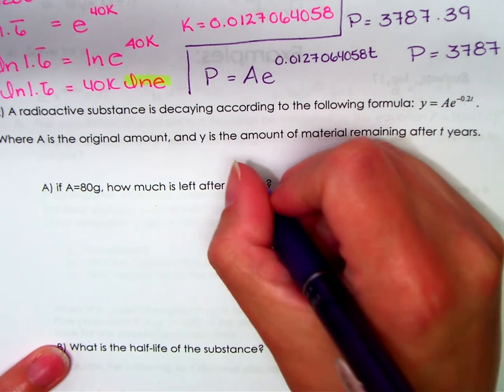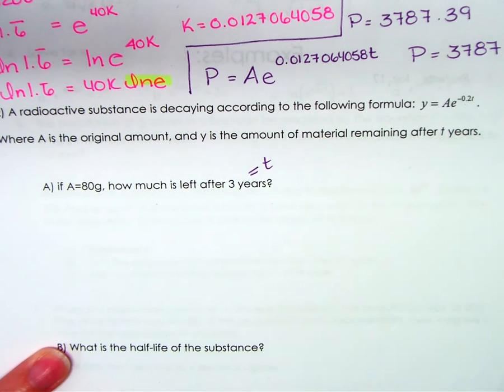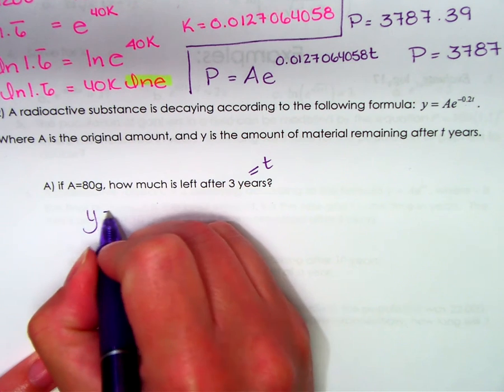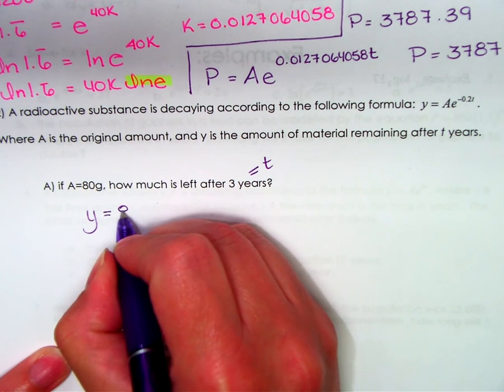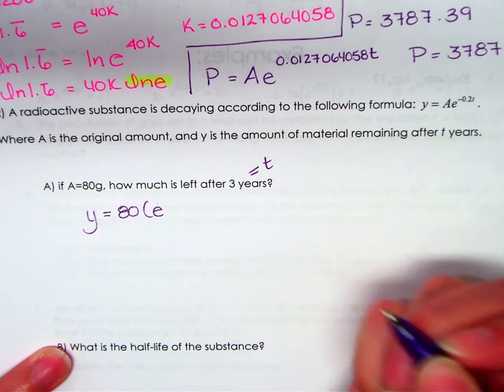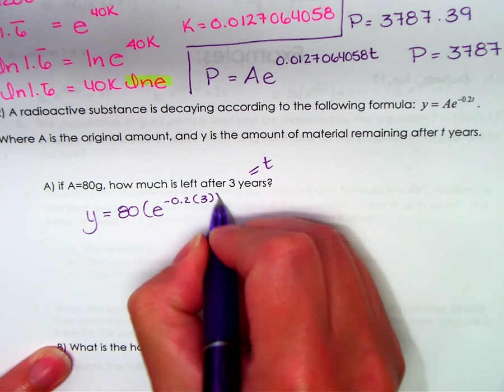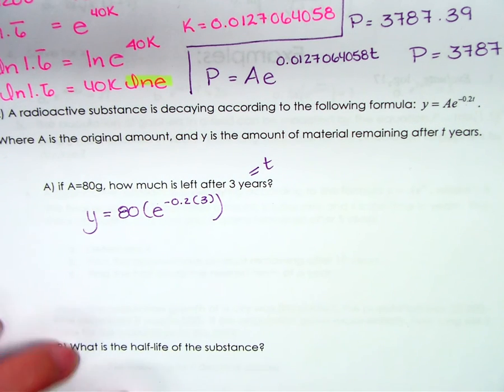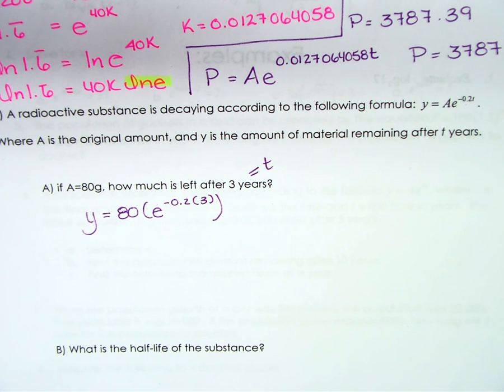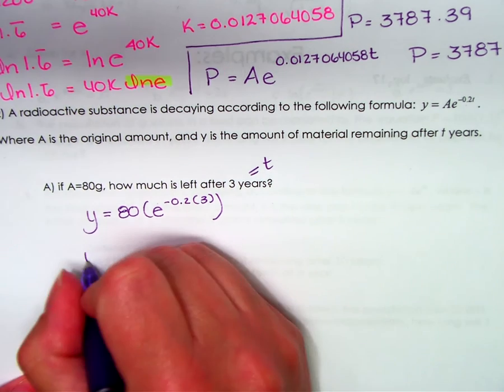So you know A, and you know T. So Y is equal to A, which is 80, times E to the exponent negative 0.2 times 3. And I just do some brackets around there to help remind me in what order I should be doing stuff.